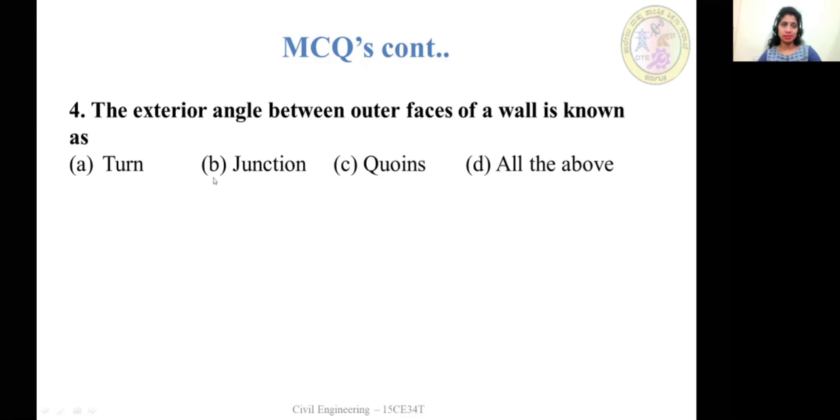It is very easy. Again, it is a definition of one term. You have studied it already. Okay, let me not take much time. See, the correct answer is option C, quoins. It is the definition of a quoin, the exterior angle between the outer faces of the wall.